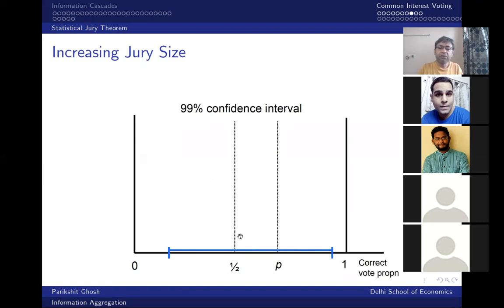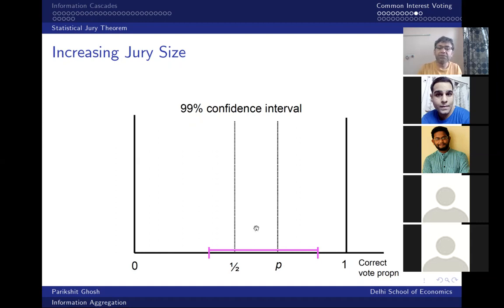Now, what happens when you increase the sample size, and in this case, the jury size, is that your confidence interval shrinks. So with a larger jury, it'll be this pink confidence interval. Still, it's stretching into less than half territory. So still, we can't say that there's a less than 1% chance they'll make a mistake.